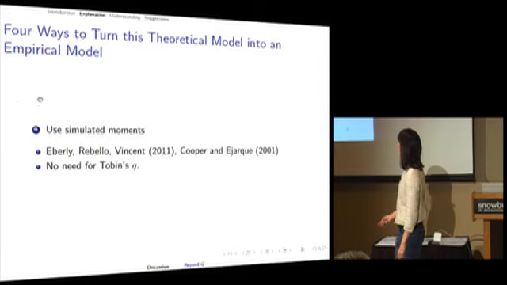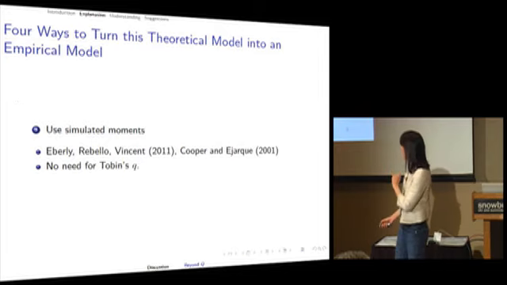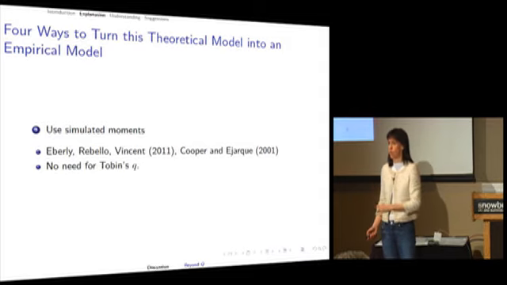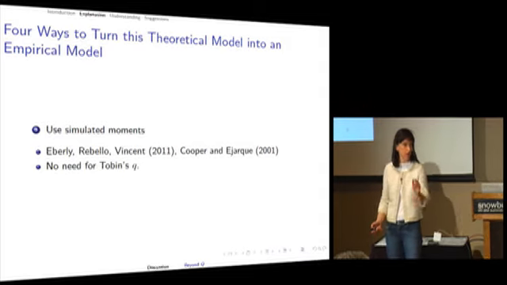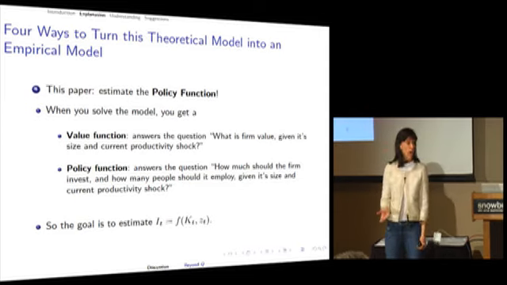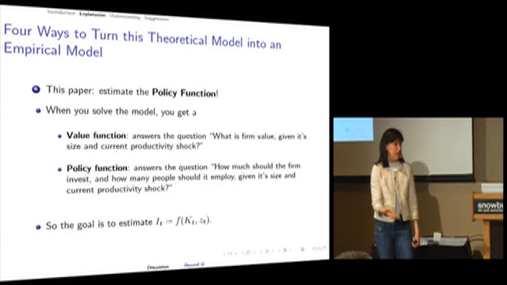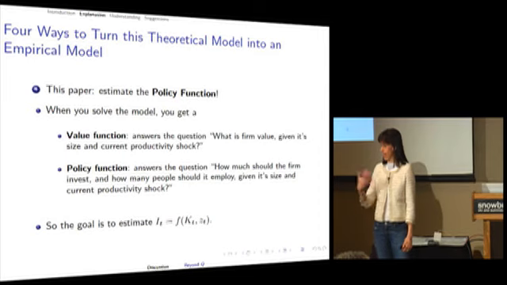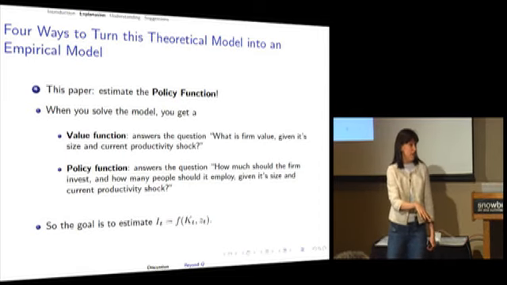You can use simulated moments. That's just minimizing model errors, very much the same way that asset pricers minimize pricing errors. Okay, and then here's what these guys do. They're going to estimate the policy function. So what's going on here? When you solve a model, you get a value function. That says how much the firm is worth given its state variables, given that it's this big and has that productivity shock.